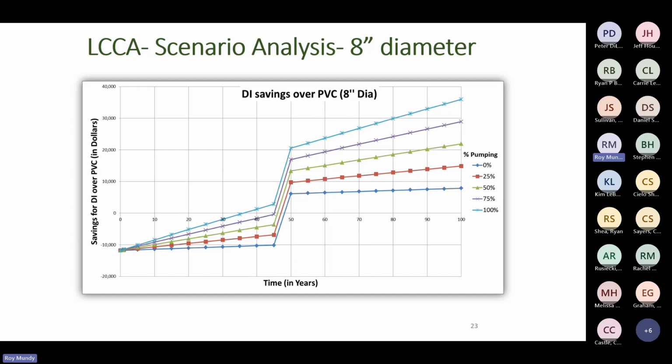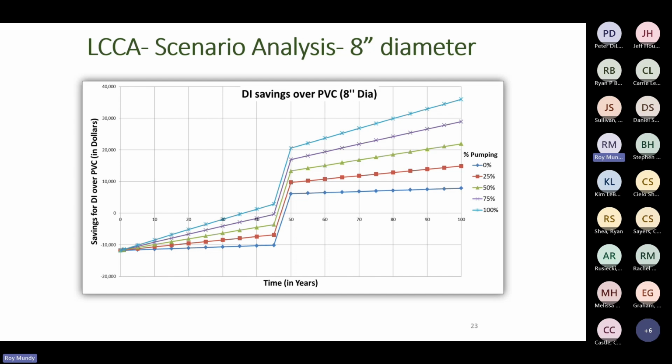And so, as you can see on the graph, starting both at 0 as you move from left to right, effectively you see that as the pumping increases, the savings for ductile iron pipe gets to be more and more as the first 50 years goes by.